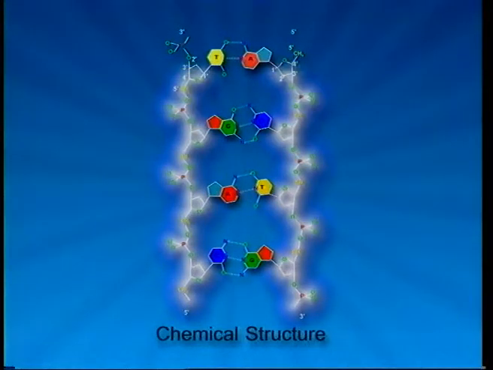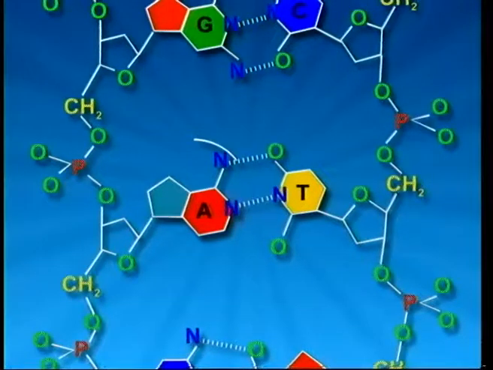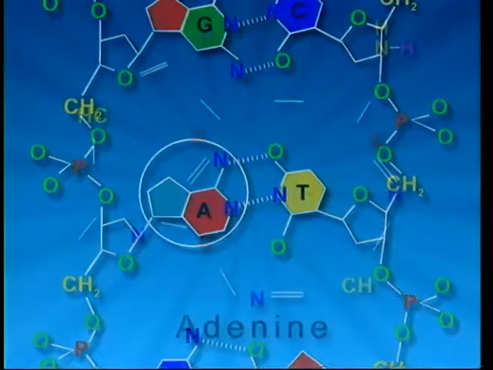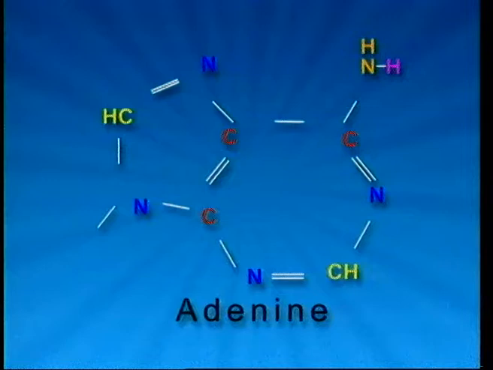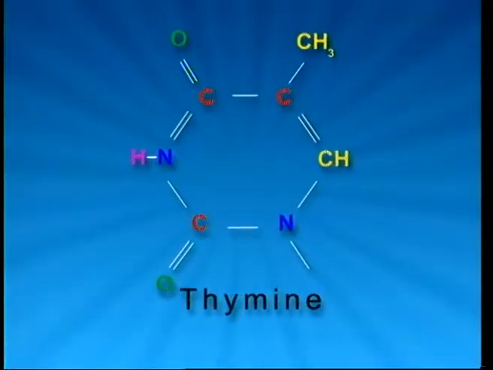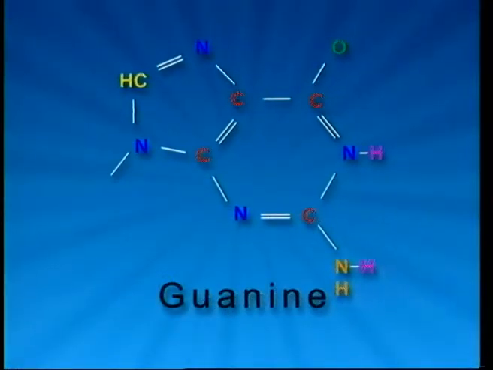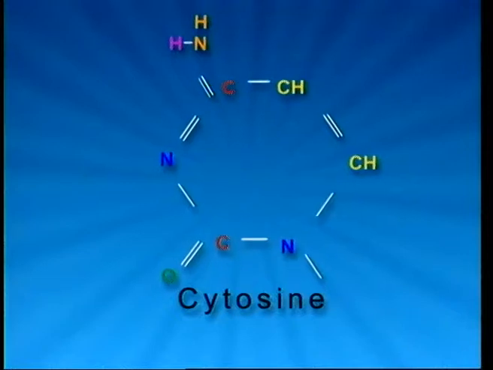These two make the backbone of the helix. Attached to the opposite end of the deoxyribose is the 3rd subunit of a nitrogenous base. It is either A, that is adenine, or T, that is thymine, or G, that is guanine, or C, that is cytosine.